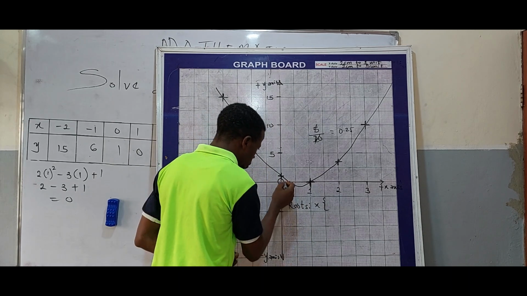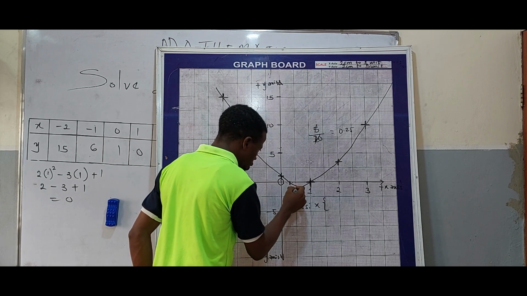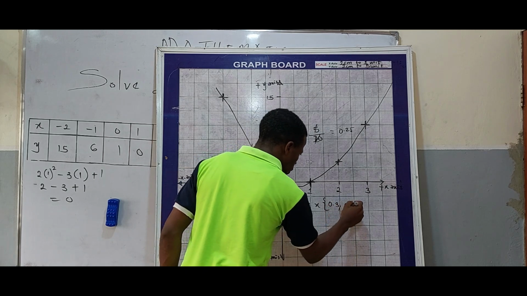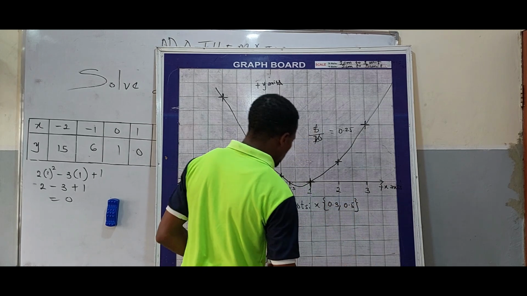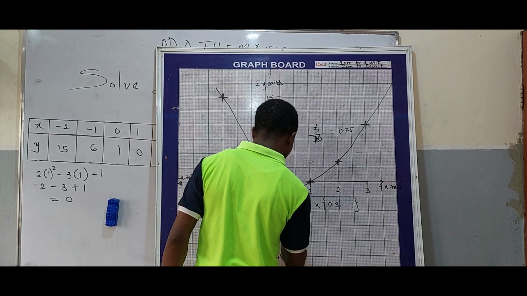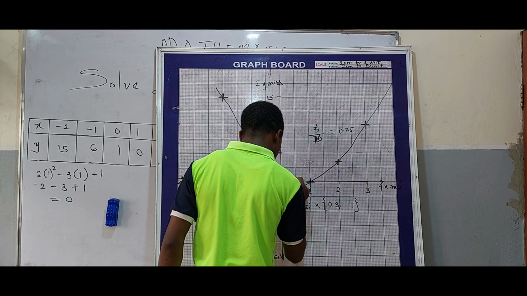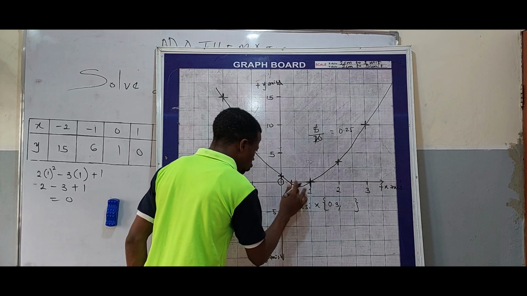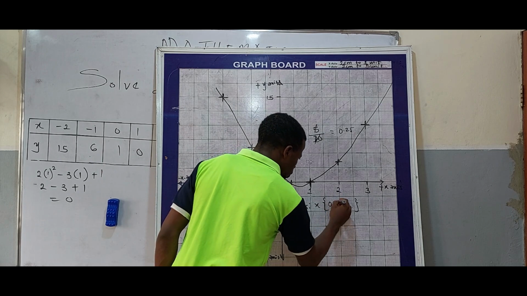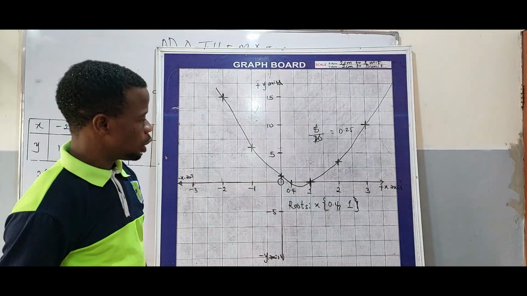So this will be 0.1, 0.2, 0.3. So I have 0.3, 0.5. Oh, sorry, I'm correct. This exactly, I have it to be at 0.4. Yeah, that is 0.4 and 1. So my root is what?